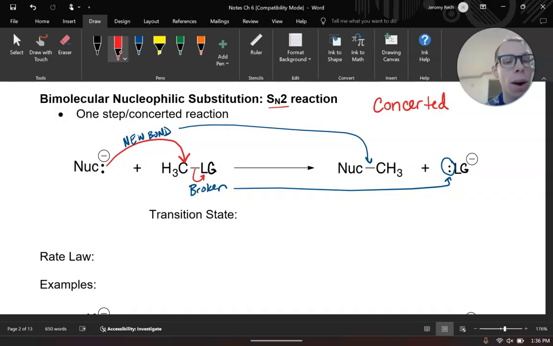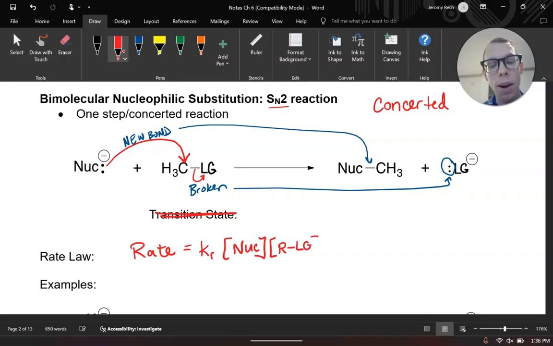The rate of the reaction is going to be equal to a rate constant, lowercase k, and the concentration, which we're showing by the brackets, of our nucleophile and our substrate. So both of these components are involved in our reaction, and that's why it is bimolecular.